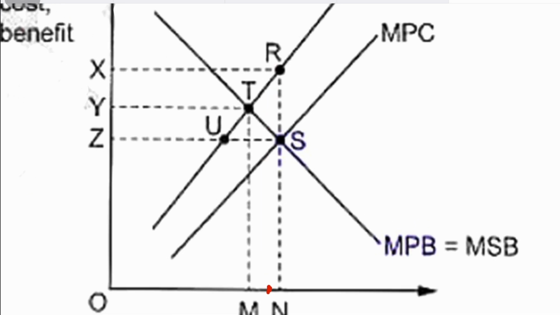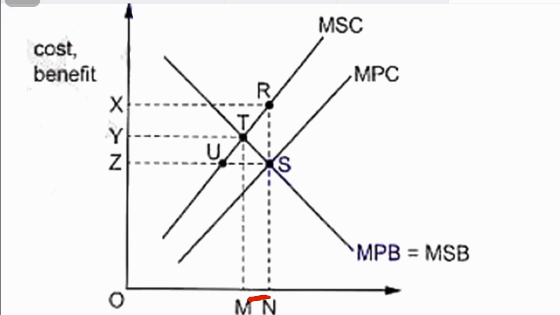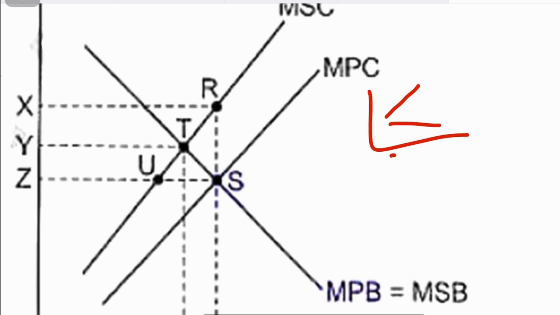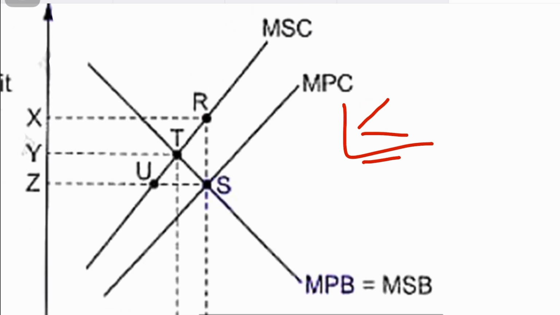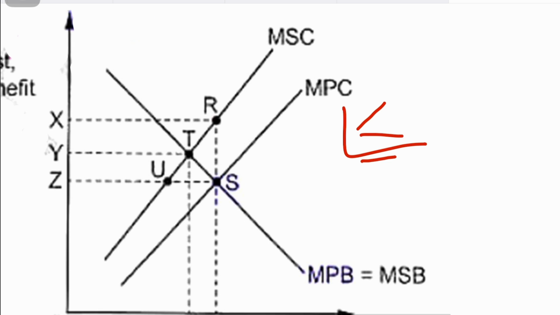And so for all these units, we can clearly see from the diagram that the marginal social cost curve is going up while the marginal social benefit is going down, which means that as you increase production beyond M, the social cost of producing these units goes up while the social benefit of producing these units is going down. And so it means that society is losing more than what it is benefiting, right?